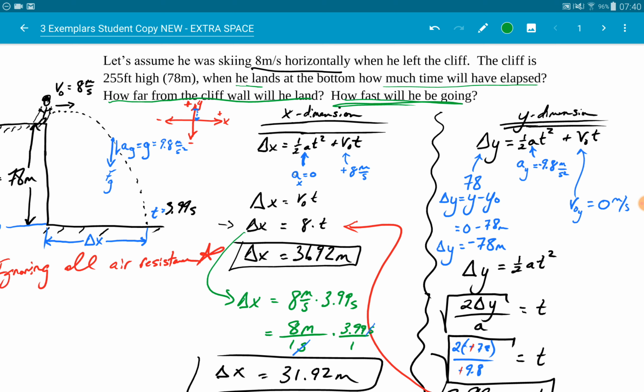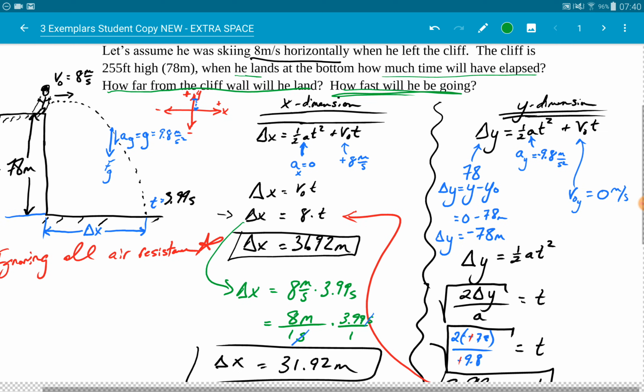As we talked about before, the acceleration in the horizontal dimension is 0, and therefore the velocity is constant. But in the vertical direction, he is speeding up, as we talked about, from the acceleration due to gravity. So in the vertical direction, it's getting faster.